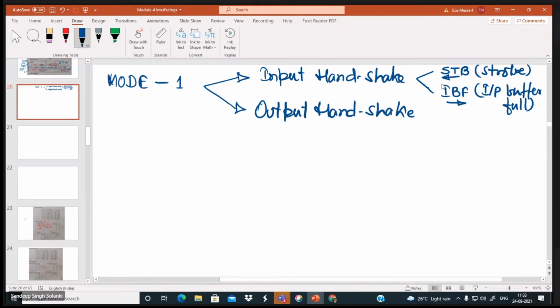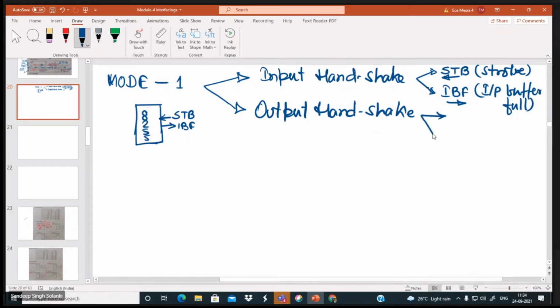Now you may have the doubt of what input means. What I am doing is for the 8255, so when I say input, it means input to the 8255, and output means output from the 8255. So STB is coming in as input and IBF is going out of it. Am I clear?